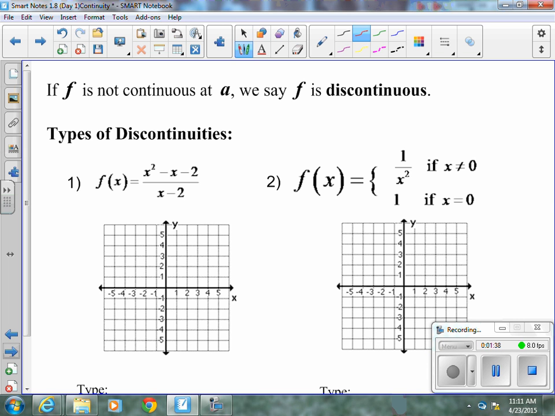First one, if we factor this, we get x minus 2, x plus 1, all divided by x minus 2, and if you remember correctly, that means we have a line with a hole at x equals 2. So, our equation is the graph of x plus 1 with a hole at 2 instead of a point.